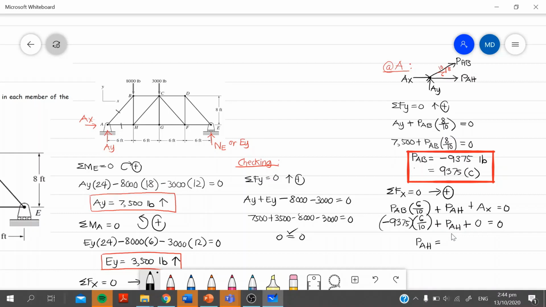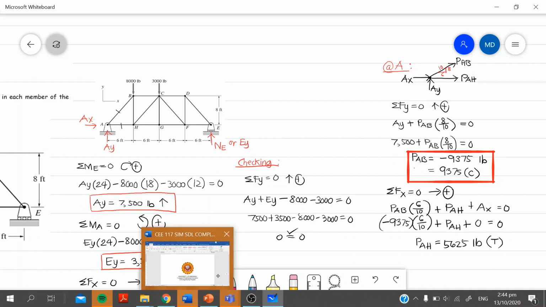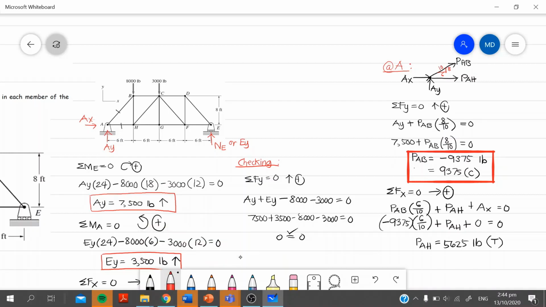So force AH is 5625 pounds. So, positive ang lumabas. It means to say na tama yung assumption natin na tension si force AH. So, butang na lang nato tension. Okay, very good.